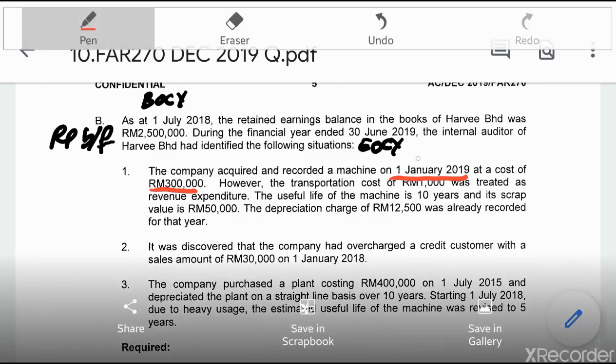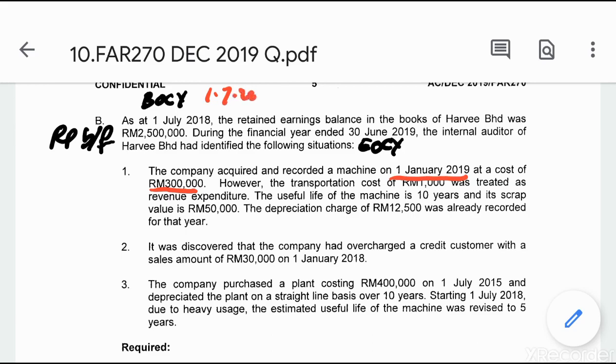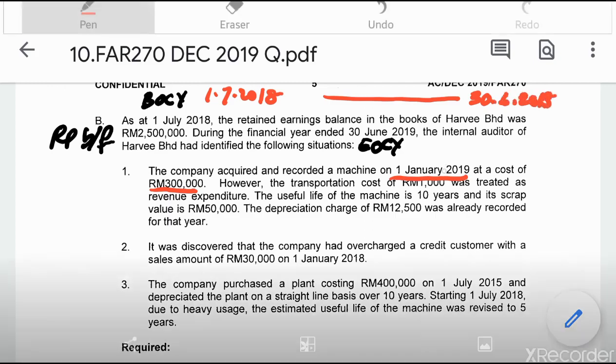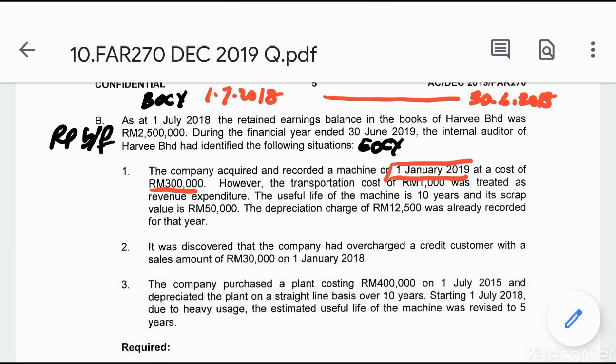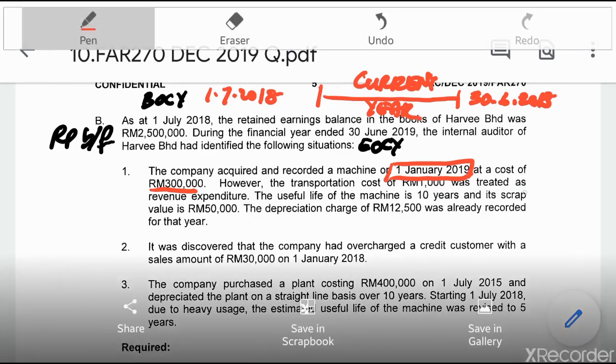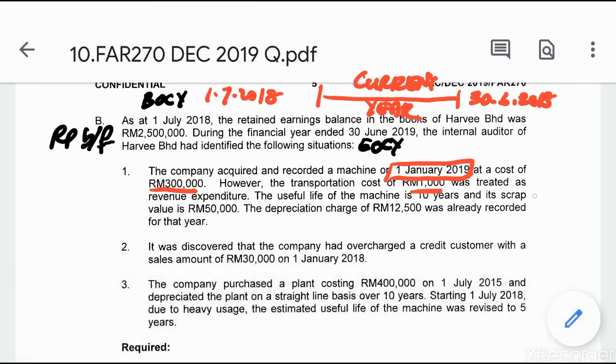If the beginning of the current year is 1st of July 2018, it ends on 30th of June 2019. And 1st of January 2019 is still in the current year or current period. So 1st of January. However, there is a transportation cost. The transportation cost was 1,000.